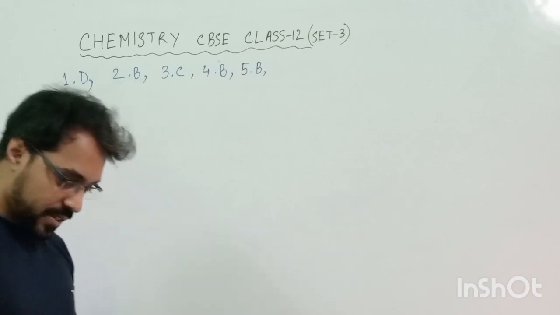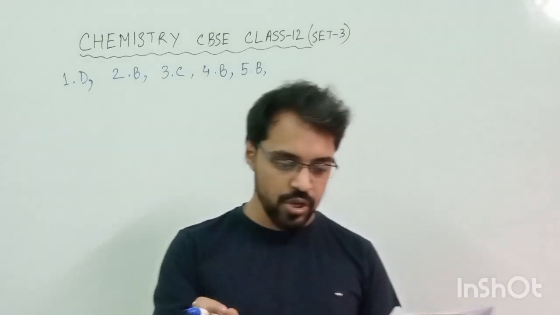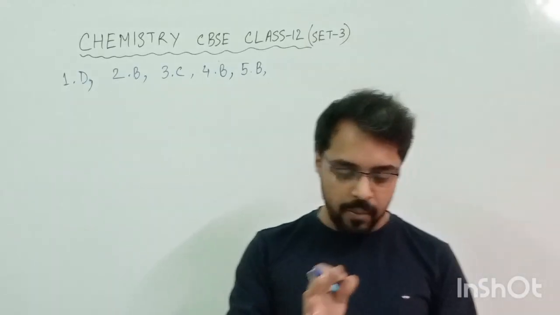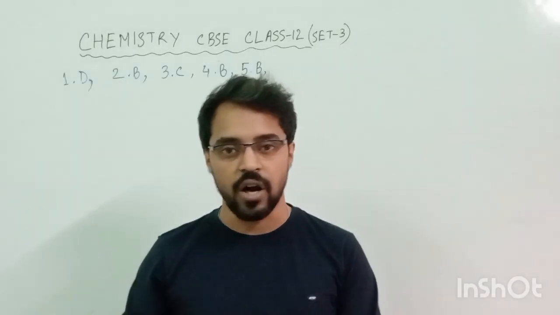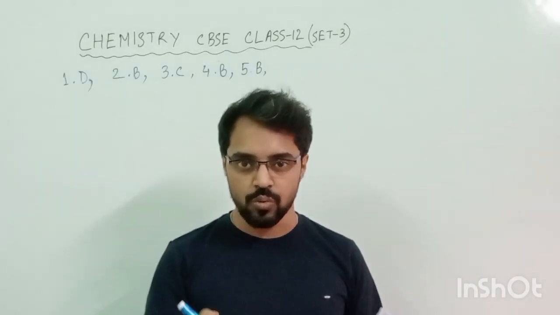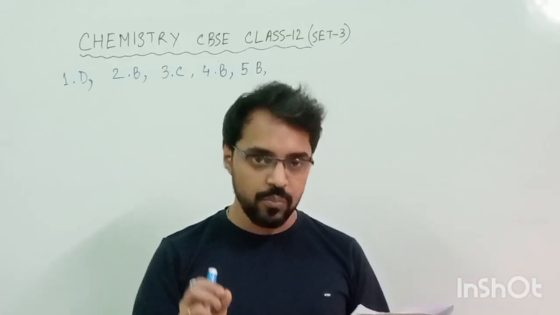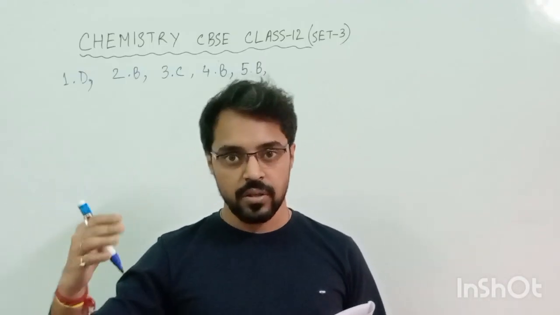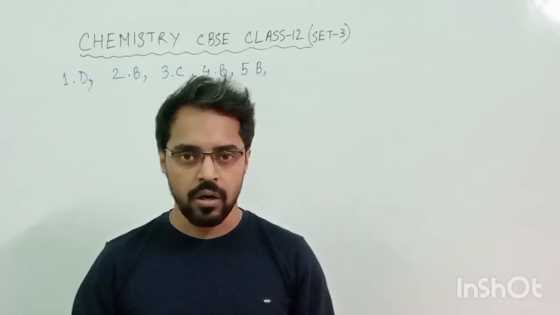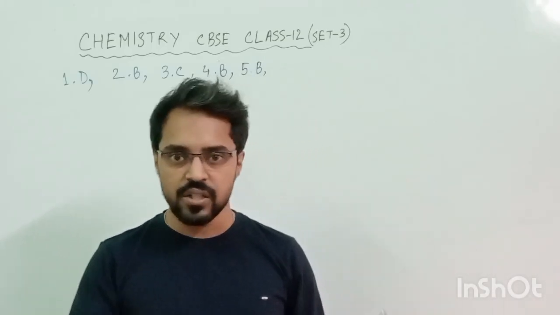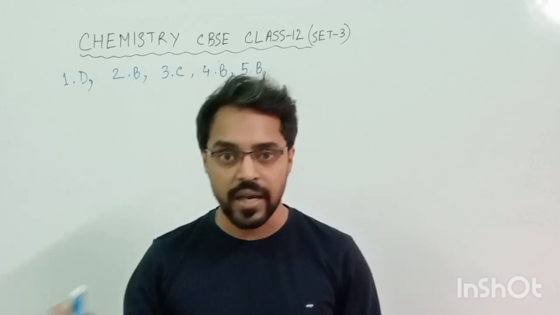Next is question number 6. The boiling point of 1 molar NaCl solution, assuming NaCl to be completely dissociated. That means i equals 2. For a strong electrolyte with 100% dissociation, i becomes 2, like for NaCl. Kb is also given here. So the boiling point will be elevated. At first it is 100 degrees Celsius, but when NaCl is dissolved in water, there will be elevation in boiling point, and delta Tb equals i into Kb into m.